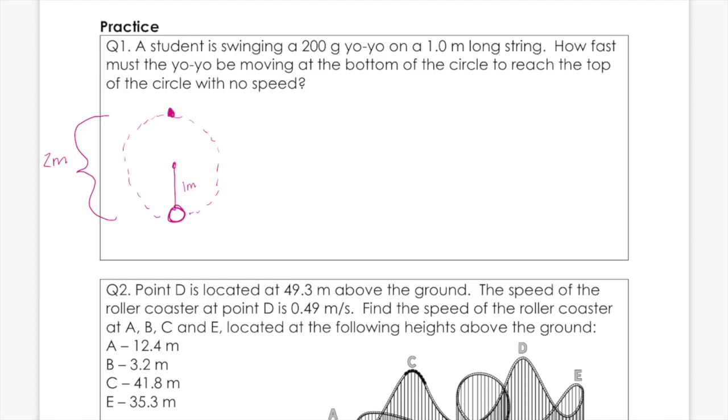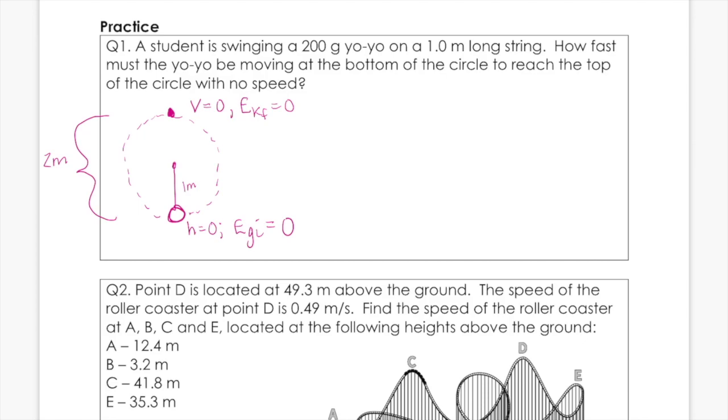Up here, it wants it to have a speed or velocity of 0. Thus, it wants the final kinetic energy to be 0. And then down here at the bottom, our height would be 0. Thus, our initial gravitational energy is going to be 0.